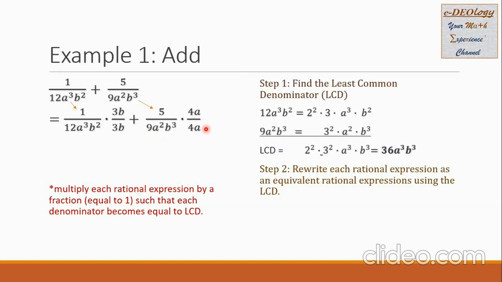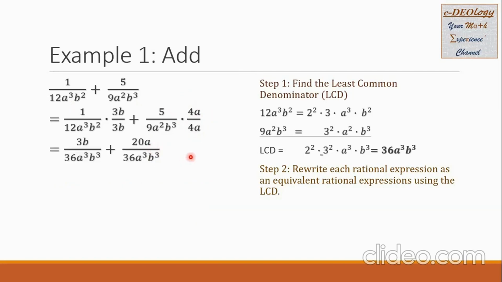It means I need to multiply the denominator by 4a so that it will be equal to the LCD. And this 4a I should copy in the numerator. So our rational expression will be multiplied by 4a over 4a, and this fraction is equal to 1. It will not change the value of our fraction.